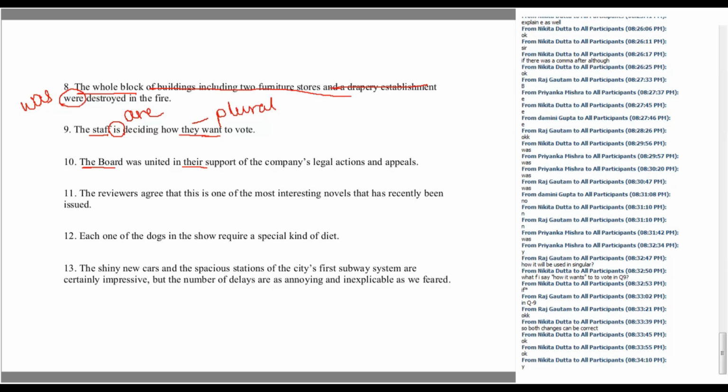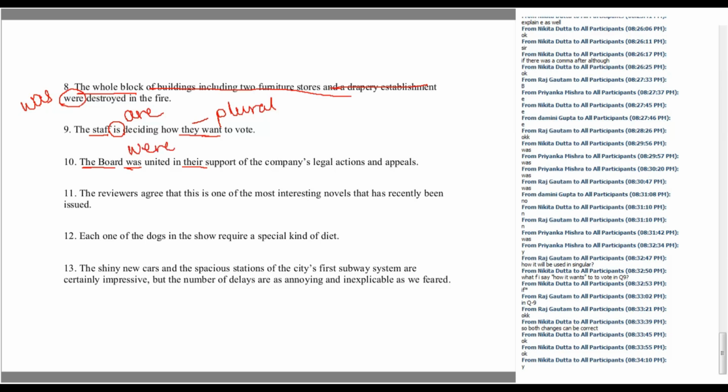Number 10, the same thing happens. The board was united in their support. If I'm using the word their, that means I'm not talking about the board as a whole, I'm talking about board members. If I'm talking about the board members, then I cannot use the word was, I'll have to use were.